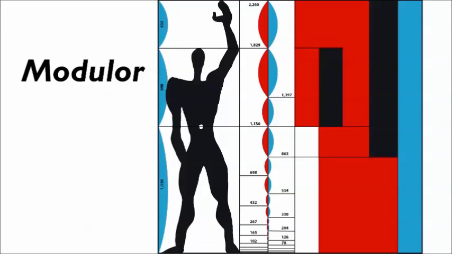It takes a lot of those previous theories of proportionality and incorporates them into not only the architecture, but relates them to parts of the human body.